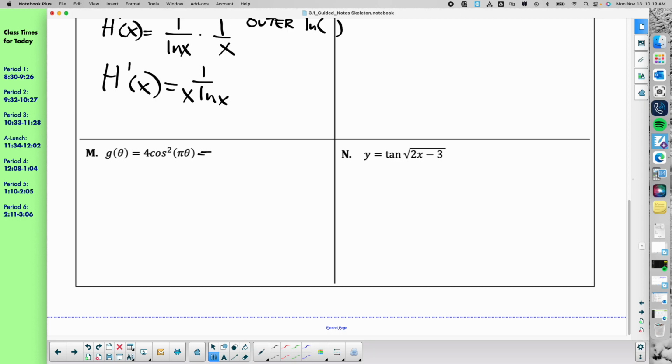Make sure you write it as a squared. Try to find the derivative all on your own. I'll put the answer up here so you can check it when you're done.